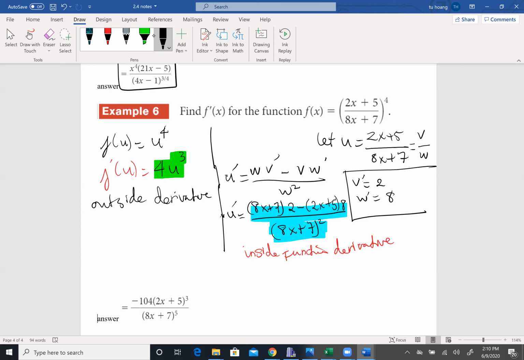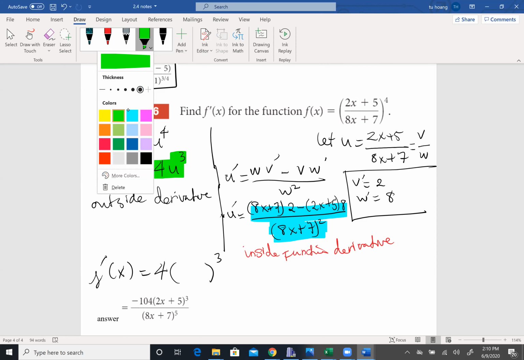And now I would like to have f derivative of x equal to outside derivative times inside derivative. So the outside derivative is going to be 4 times u to the power third. What is u? I need to color this. Maybe this guy.